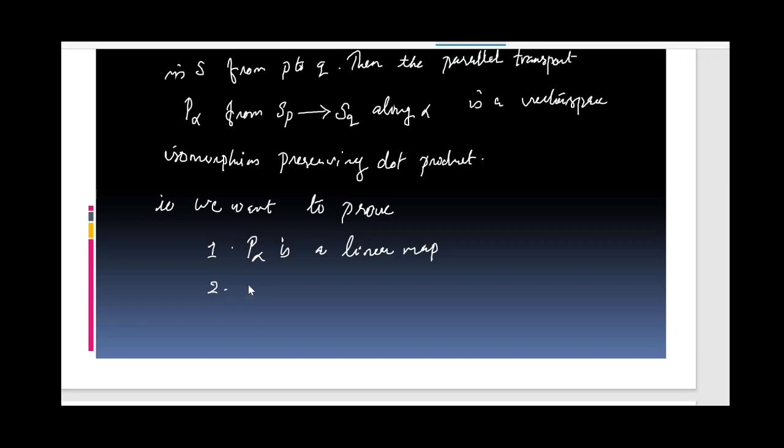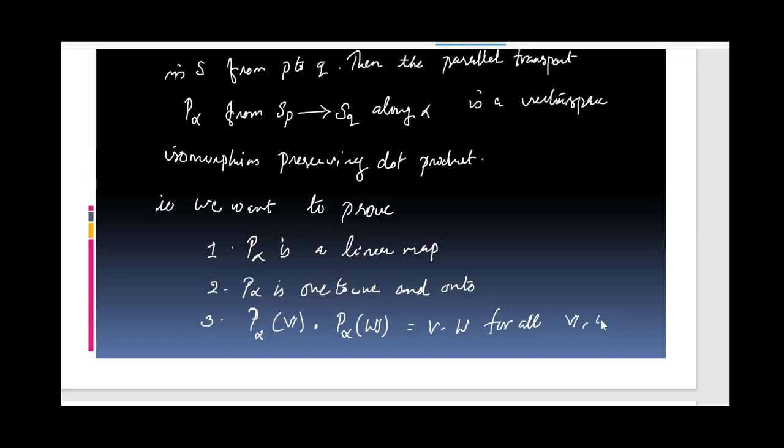Second, P alpha is 1 to 1 and onto. Third, P alpha of V dot P alpha of W is equal to V dot W for all V, W belongs to S_P. So this is the thing we want to prove here.